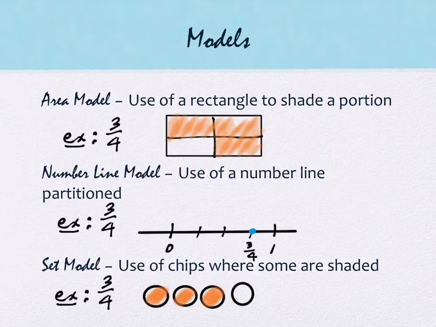The chips model is fine when we have 4 chips and we're shading 3 of them in and we want to use the number 3/4. But if we had 5 chips and I wanted to know what is 3/4 of the 5 chips, that's not so easy. So it has limited use because of the types of objects we're working with. Whereas the area model doesn't have that. With the area model, we can always divide it into whatever regions we need to, conveniently.